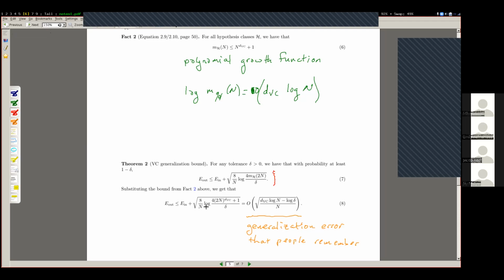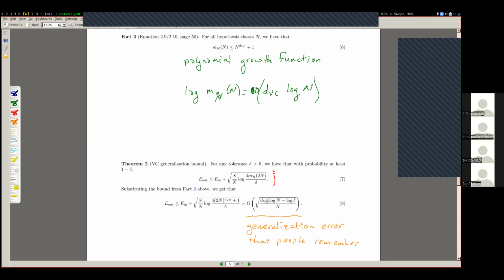Let's see. In the last few classes, with all these different generalization theorems, a lot of people have asked why we don't ever plug in numbers for these things. The answer is that these numbers, like this 8 and this 4 and this 2 inside here, are not remotely close to the best possible numbers.